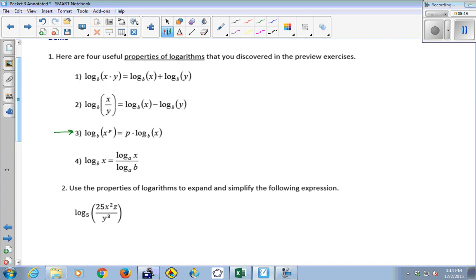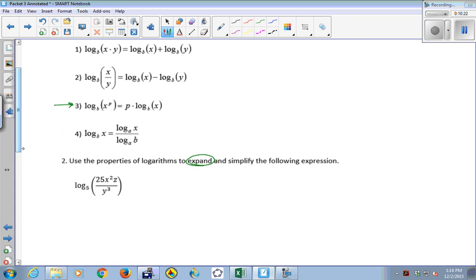All right, so we're going to use these properties, now that we know they exist, to expand and condense some expressions. So let's look at log base 5 of 25x² times z over y cubed. I want to expand this, right? So make it bigger. So often when we say simplify things, we want you to condense as much as possible, but now we're expanding.